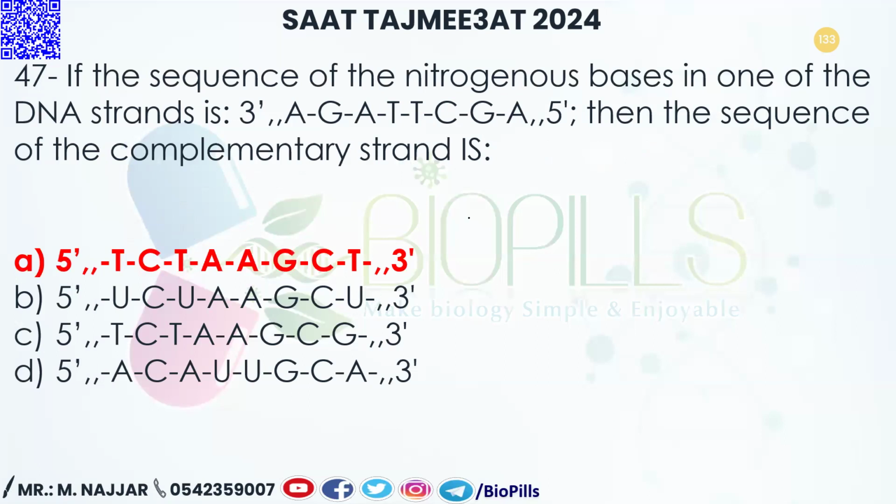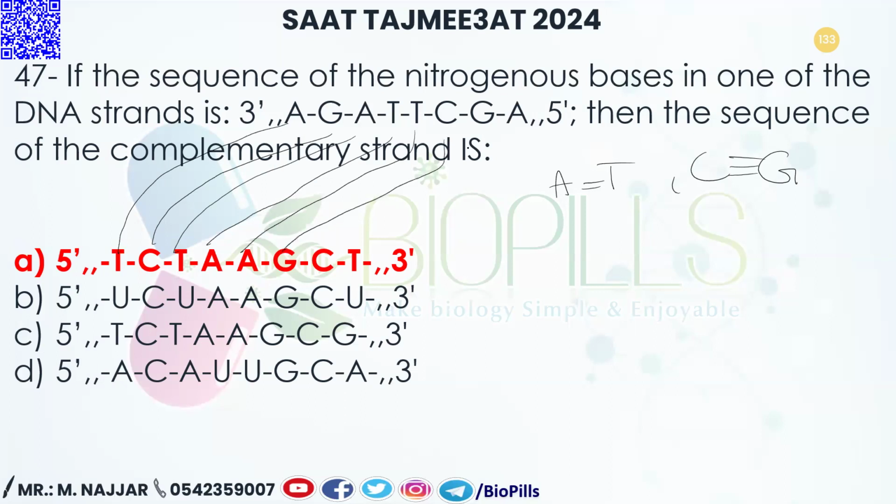As I just mentioned, we have a base pairing rule. A with T, C with G. A with T, T with A, another T with A, C, G, G, C, A, T. Very easy. You got it, my dear?